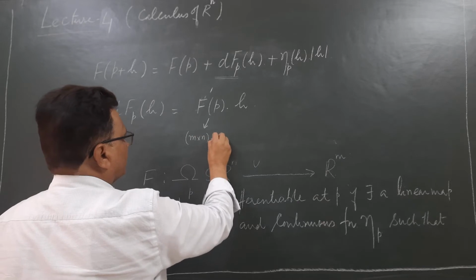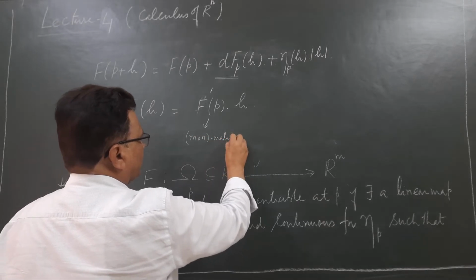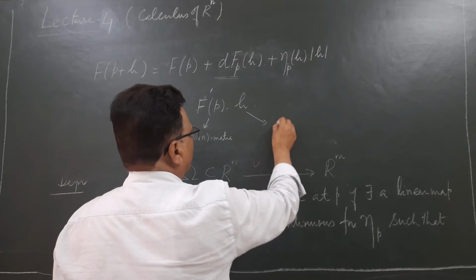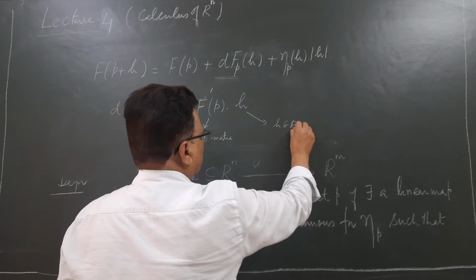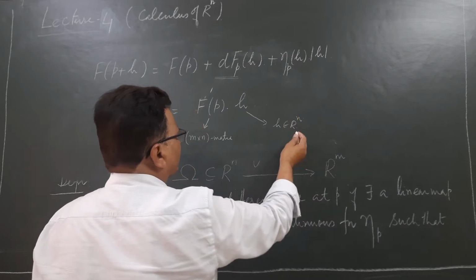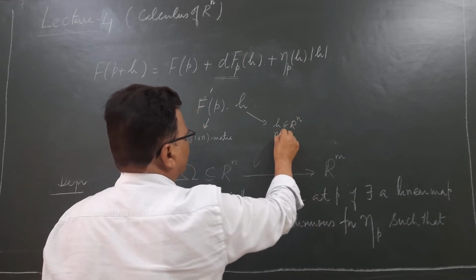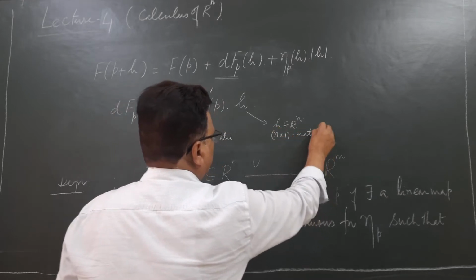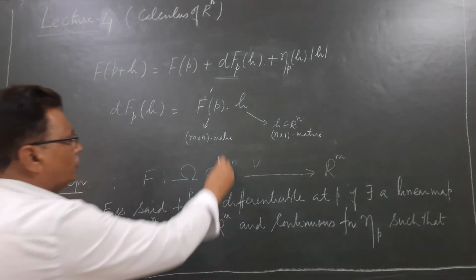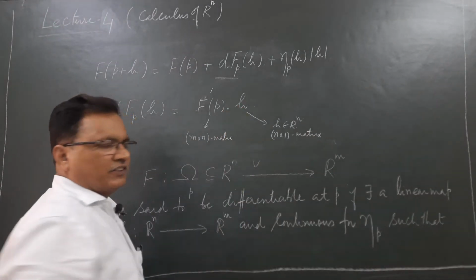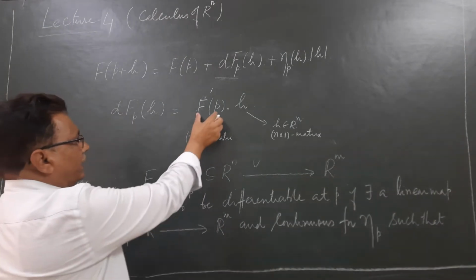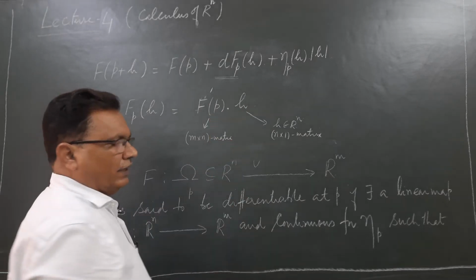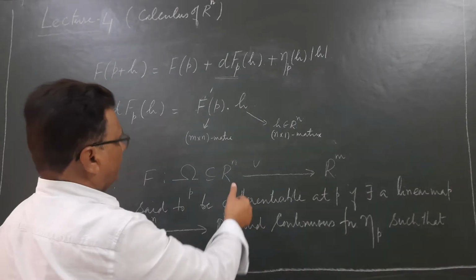Every linear map is written like this, a matrix multiplied by a vector. So, this is the vector h, it belongs to Rn. In fact you can say it is an n by 1 matrix. And this dot is in fact the matrix product. So, this is an m by n matrix, this is an n by 1 matrix, and the product of the two will be an m by 1 matrix, meaning an element of Rm.